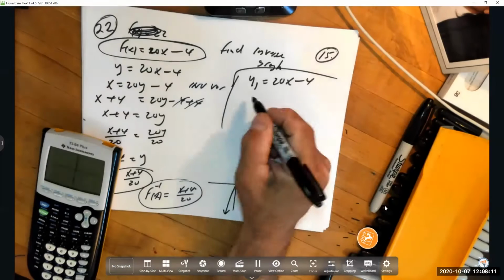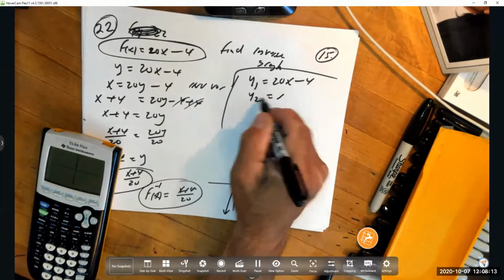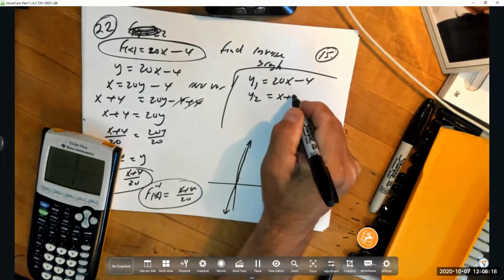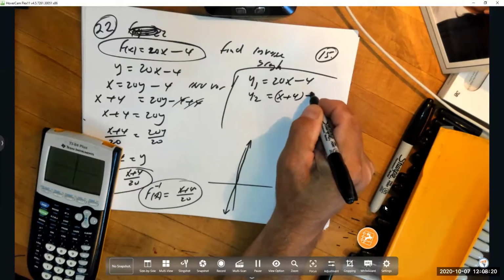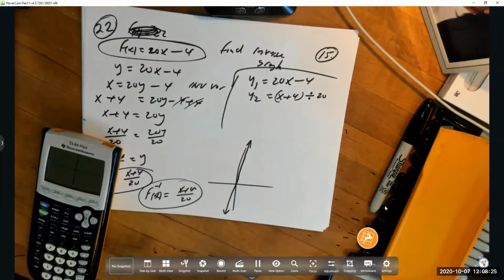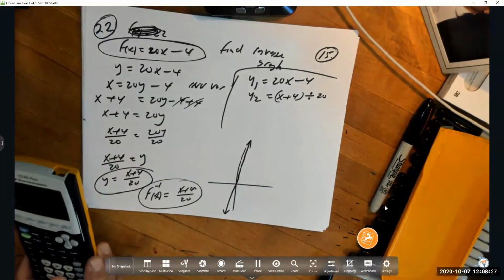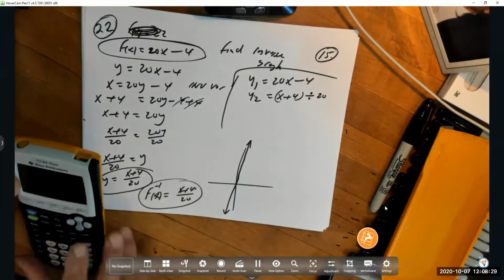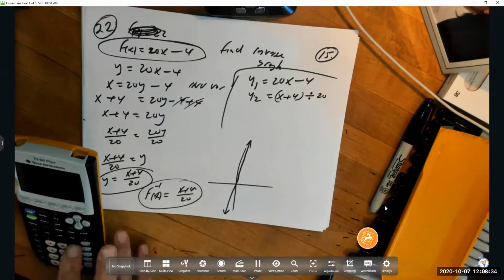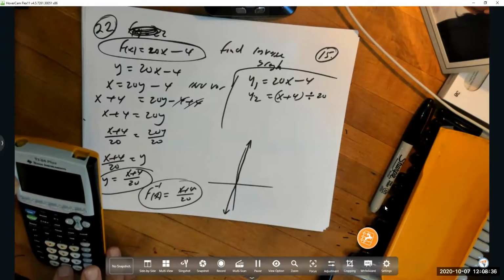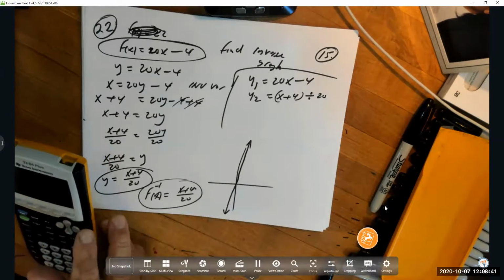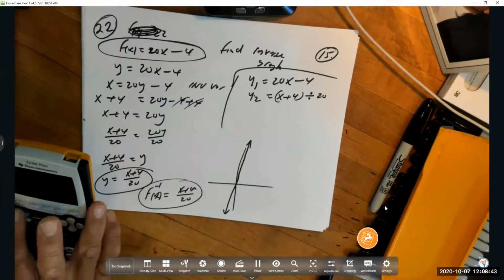Okay. Y2, you're going to put the other one, this one here: x plus 4 divided by 20. Put that one in there.